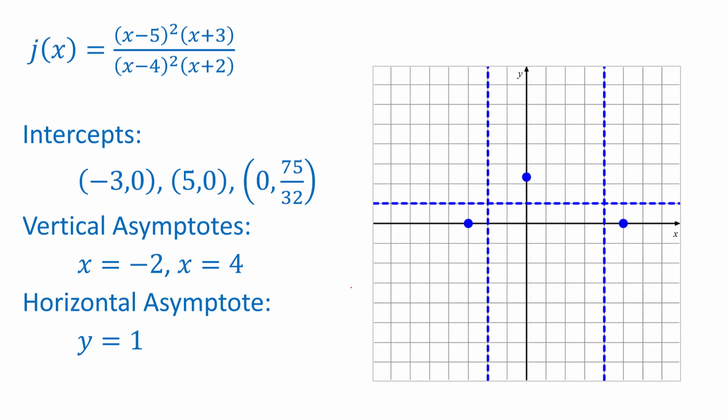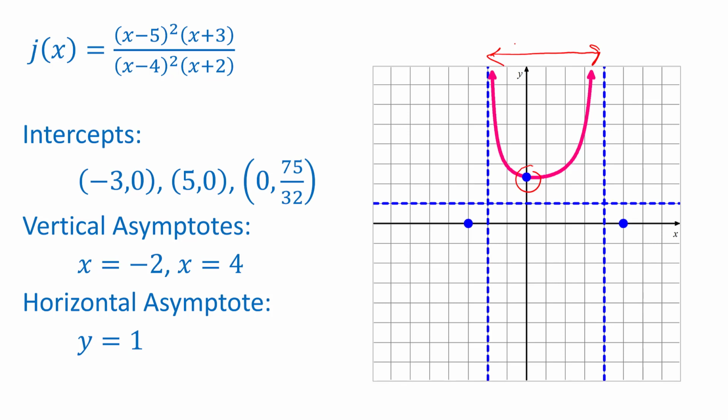And something that's kind of nice about this graph is not only is my y-intercept clearly above the x-axis, but there are no other x-intercepts between these two vertical asymptotes. So in other words, I know that my graph cannot cross the x-axis between the two vertical asymptotes. So it's going to have to be heading upwards and approaching each of those asymptotes.